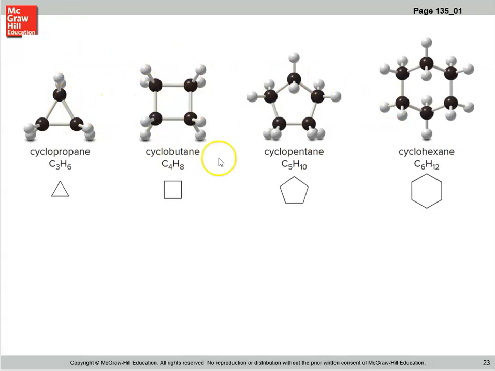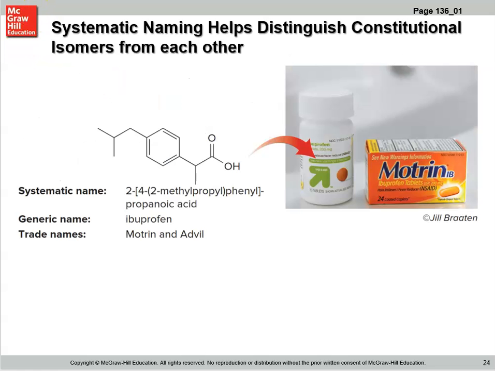But these are all found in biological systems to some extent or another, the cyclohexane being the most prevalent. One of the reasons for this systematic naming is because then we can actually distinguish the difference between constitutional isomers. So it's not as useful to just say a molecular formula like C20O2H85, right? Because we don't know how they're arranged and organized, and the structure is really important to the function.